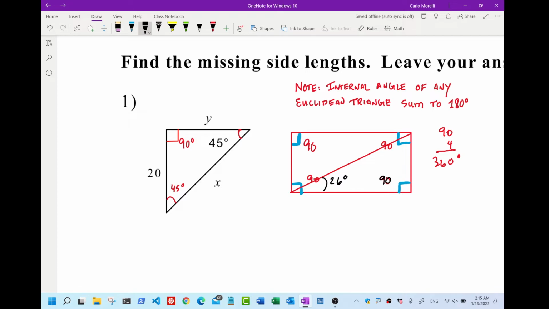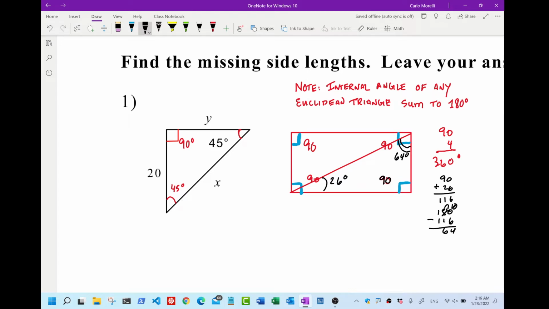And then in order to find this missing angle here, I would just need to take 90 plus 26 and then subtract that from 180. And that would make this angle 64 degrees.